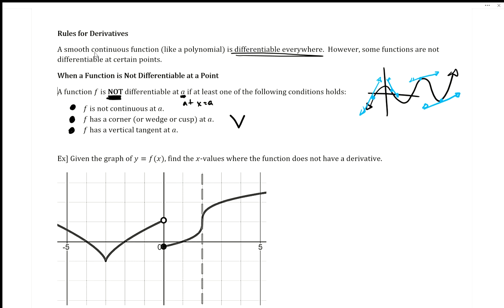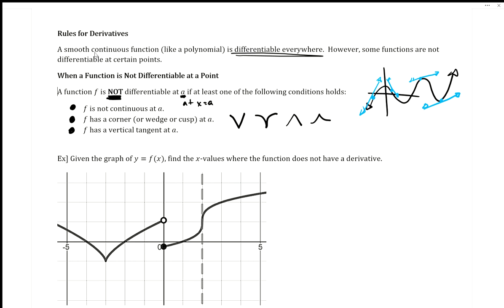That's like a V shape or almost like a children's drawing of a bat. They can be upside down, something like that. Those are wedges and cusps. Or if f has a vertical tangent at a.